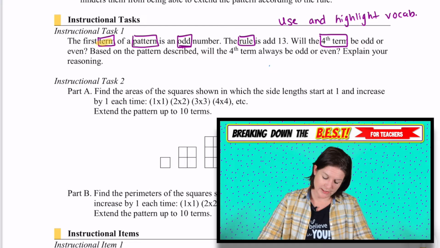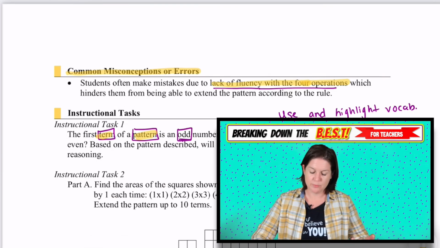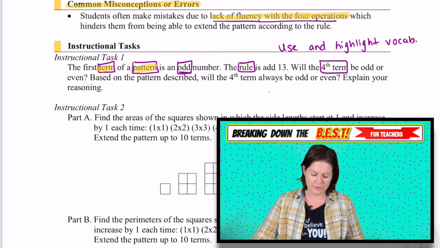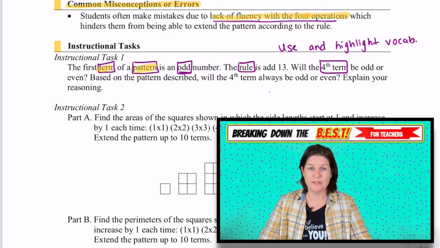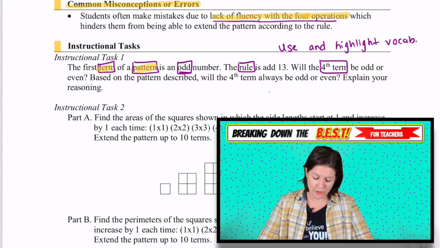Here, I just wanted to highlight some words like term. They only provided the word expression for the vocabulary that needs to be known. But I think term, pattern, odd, even, rule, term again.